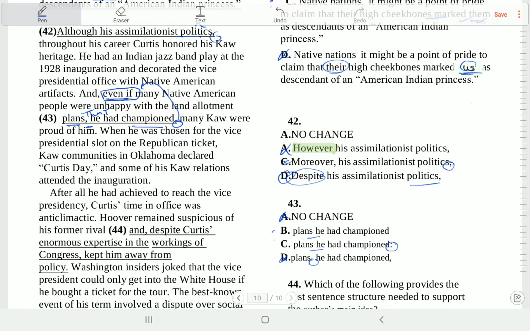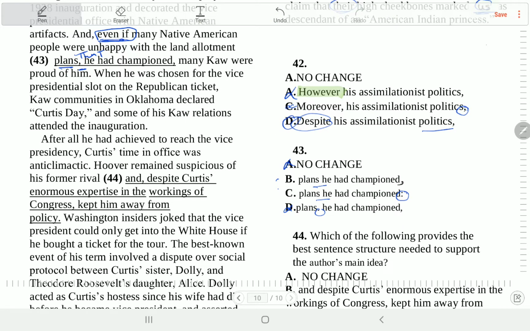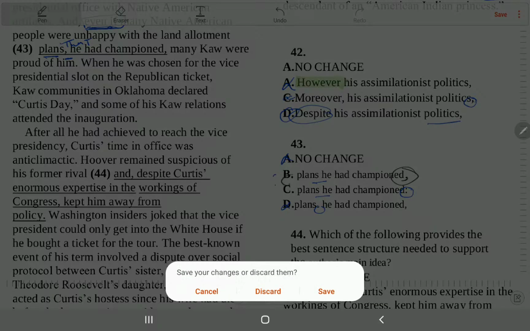No. So we need a comma in B. Okay, so the plans he had championed, and here is the comma placed. Okay, so it's B.